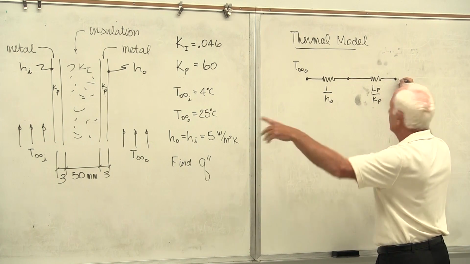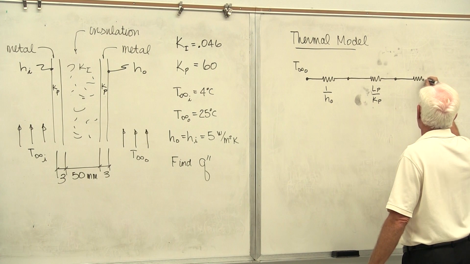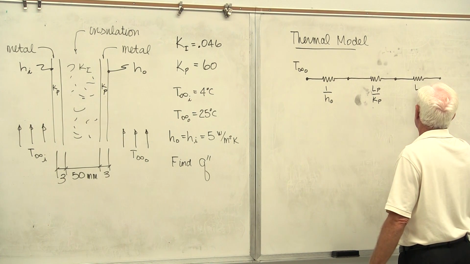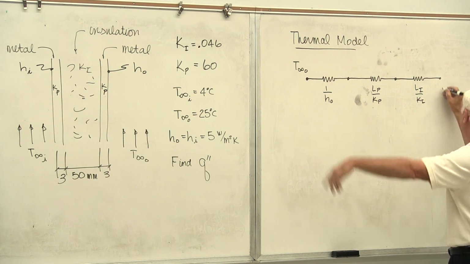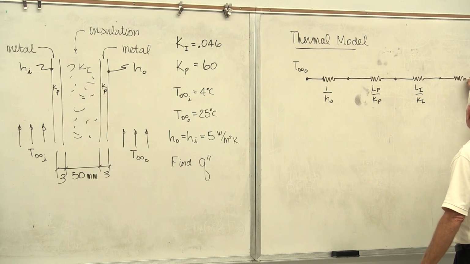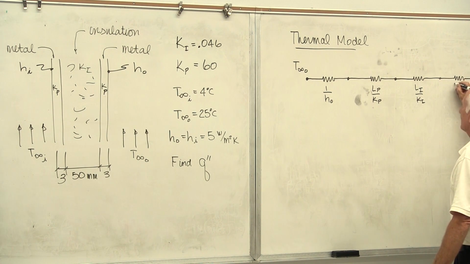Now we go through the insulation. L insulation over K insulation. Now we go through the metal panel on the inside of the refrigerator. That's L panel over K panel. And finally, we go through convection to T infinity inside, pardon me, so 1 over H inside.